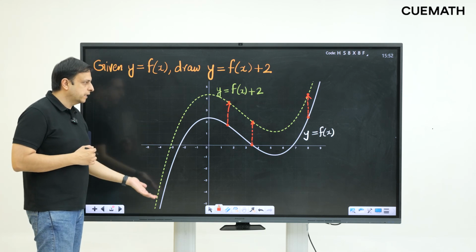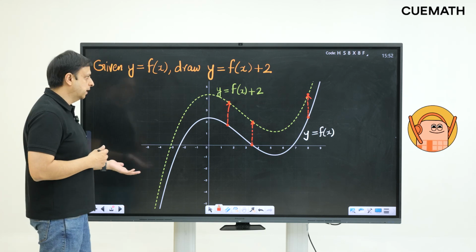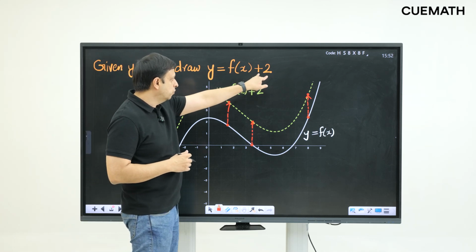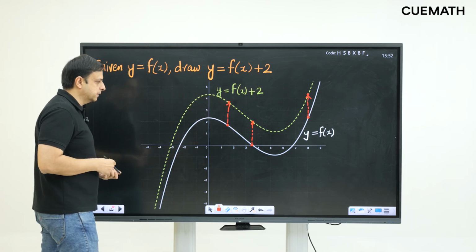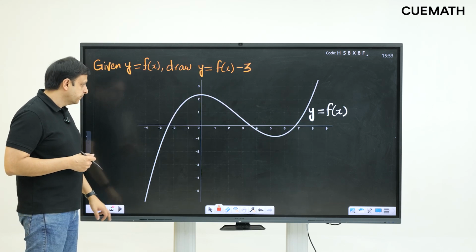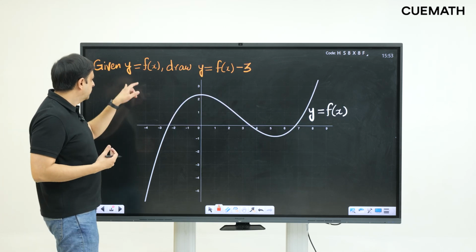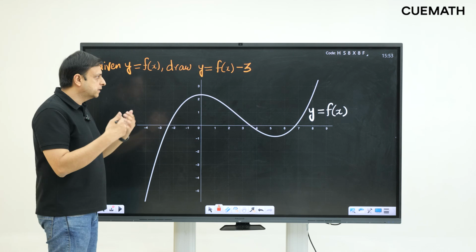This is what is called a vertical shift of the graph. Because you have added 2 to the function, you have essentially vertically shifted the graph of f of x upward by 2 units.